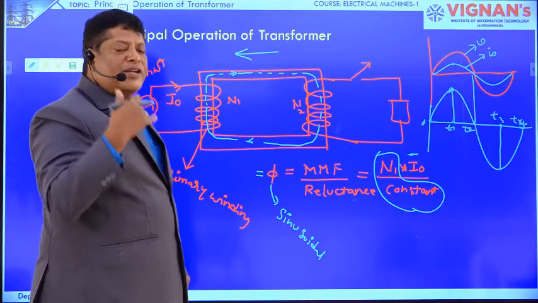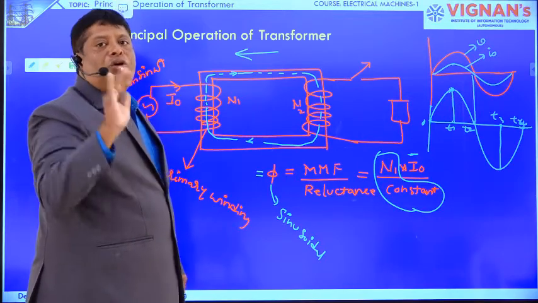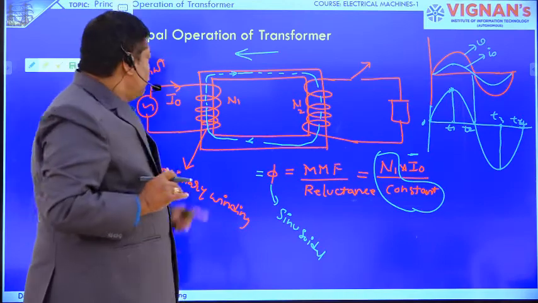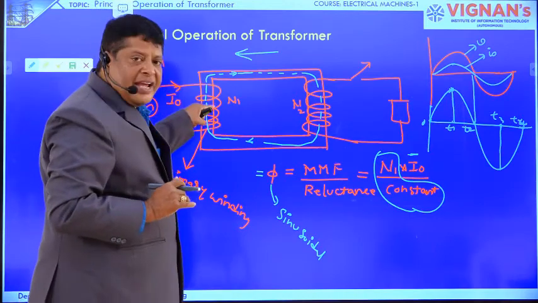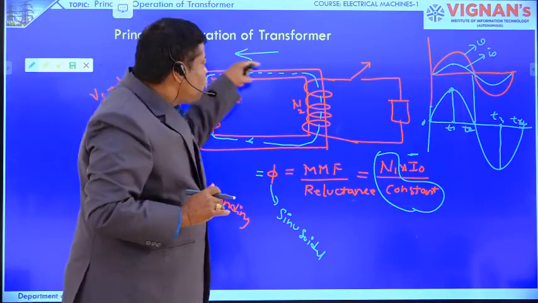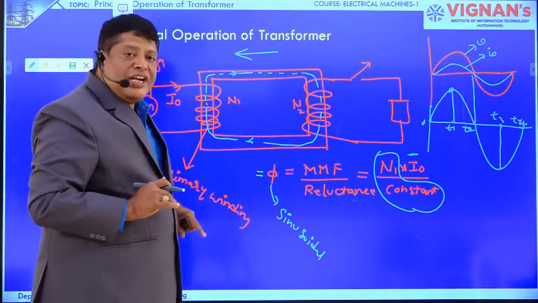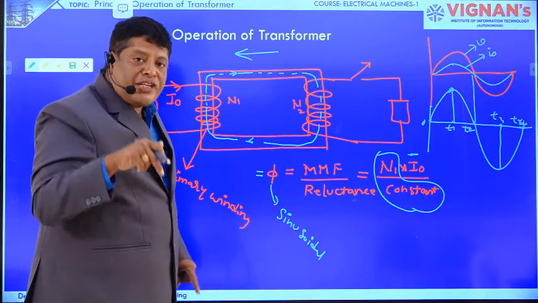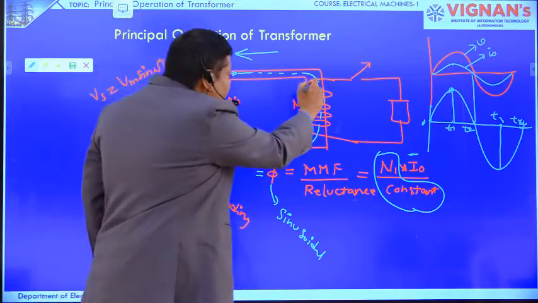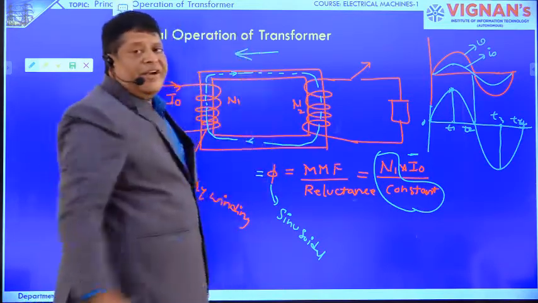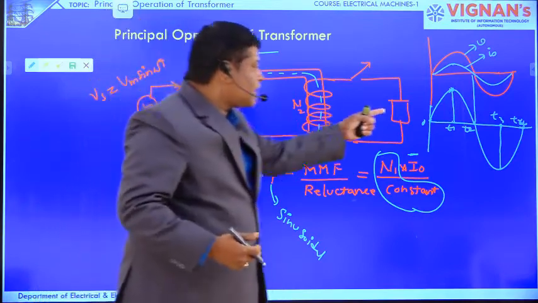The flux always tries to pass only through the low reluctance path. So whatever flux is created here, the sinusoidal flux, is flowing through the magnetic core. The nature of this flux is sinusoidal. There is a rate of change of flux linkage on the secondary winding as well as the primary winding, because the flux is changing with respect to time.